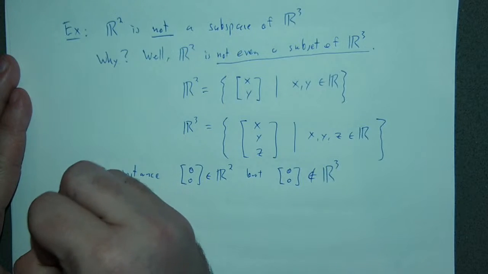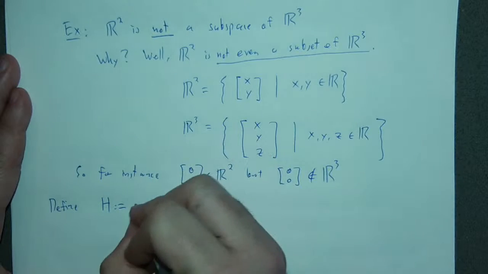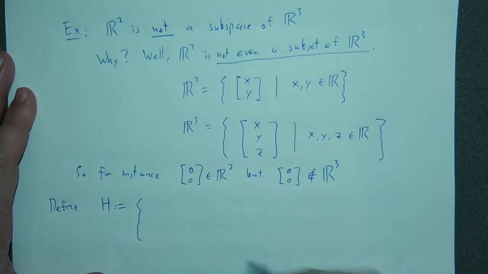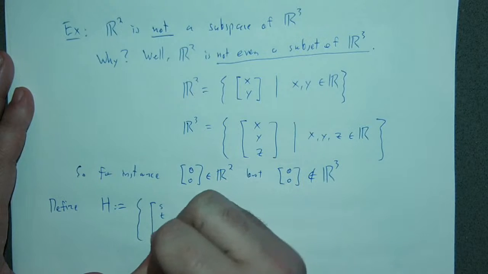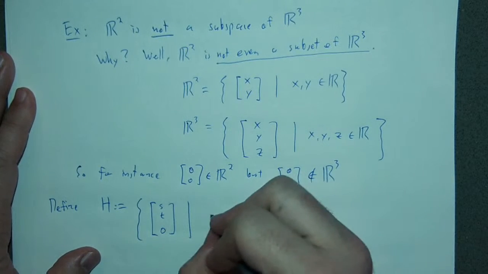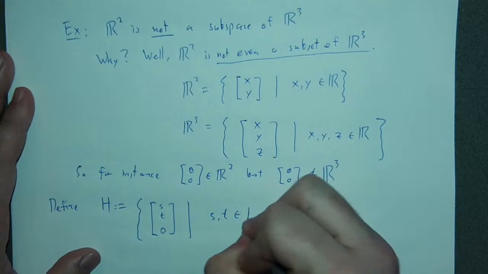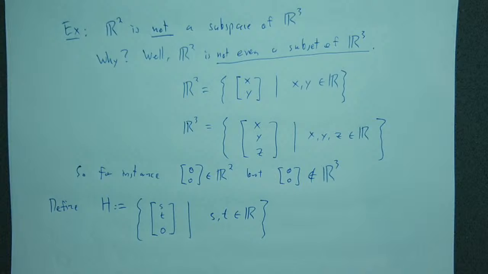Define H to be the subset of R3 that is (s, t, 0), defined such that s and t are in the reals.